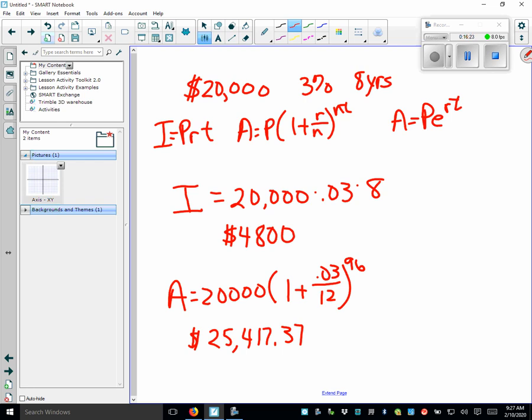How much would it be if it was compounded continuously?